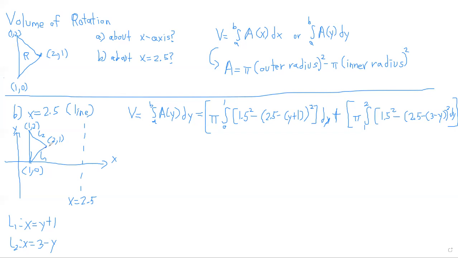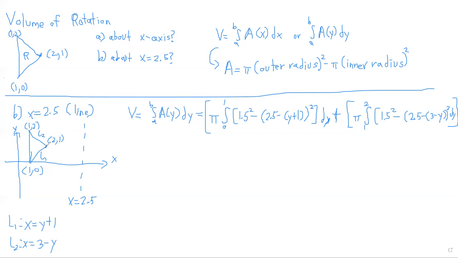Am I doing it right? Yeah, I'm doing it right. And then here it's 1.5 minus 1, which gives you a radius of 0.5. And then here, that's 2.5 minus 3. So this inner radius is parameterized as y minus 0.5.